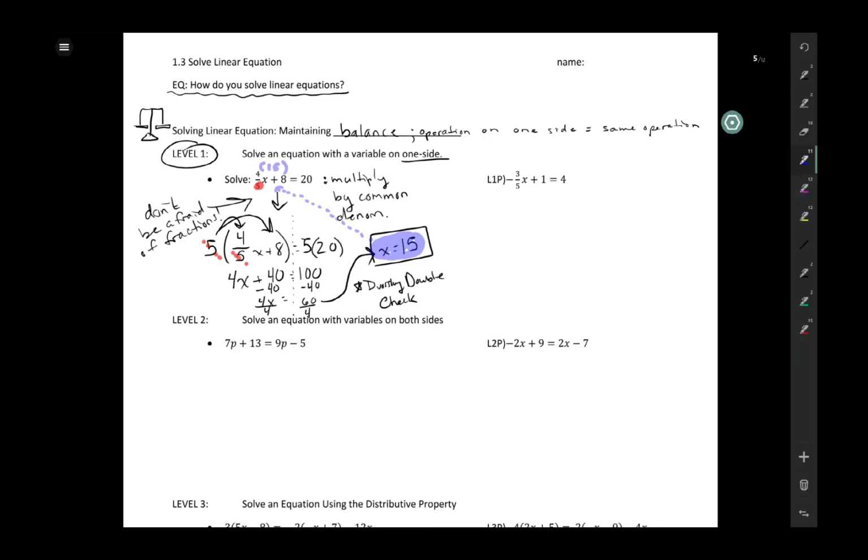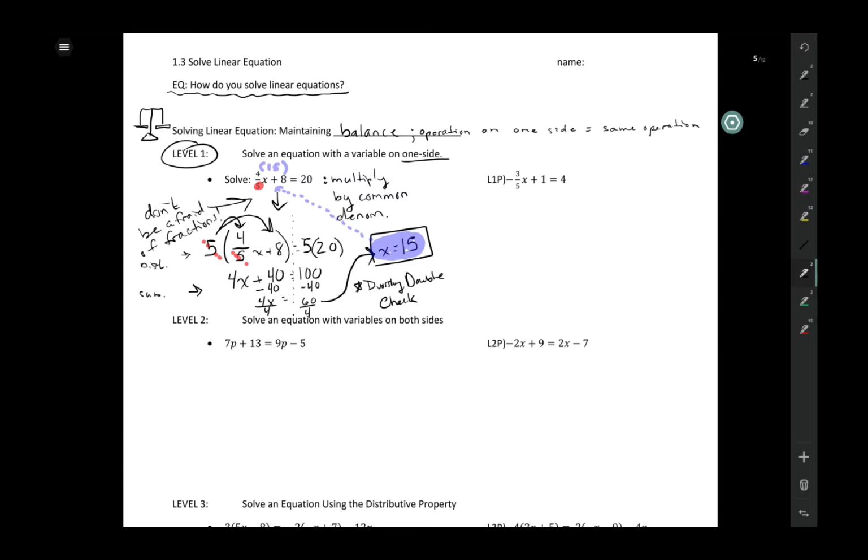Okay, now solving equations, notice we subtracted first. Okay, first we distributed, then we subtracted. Solving equations is about going the opposite direction of PEMDAS. You're kind of working backwards.